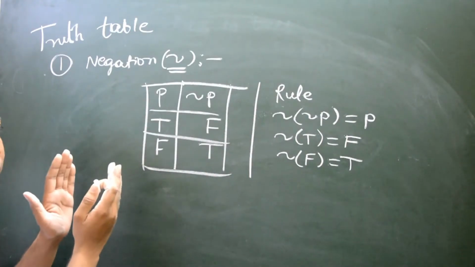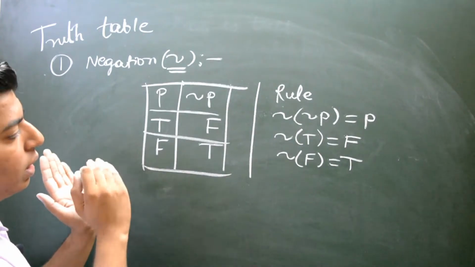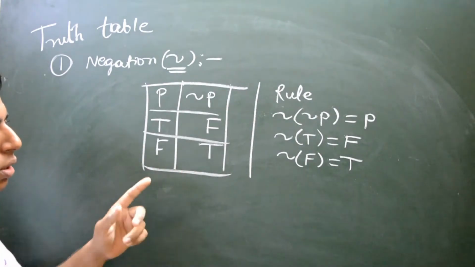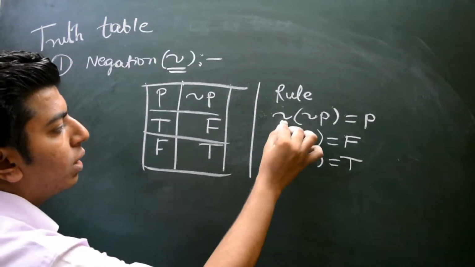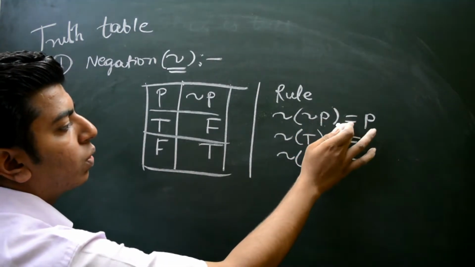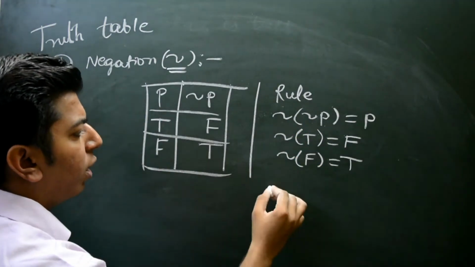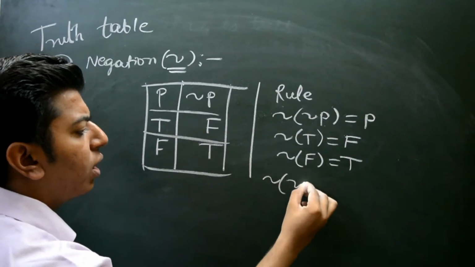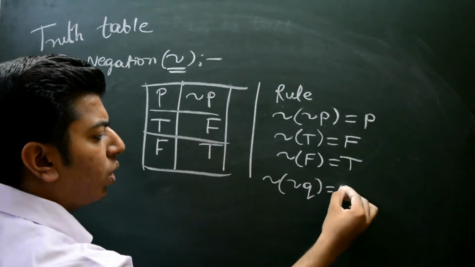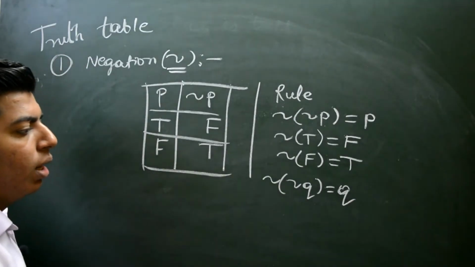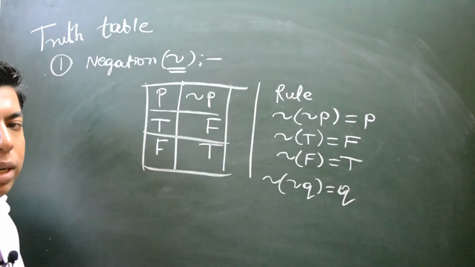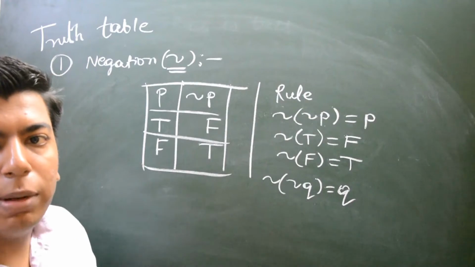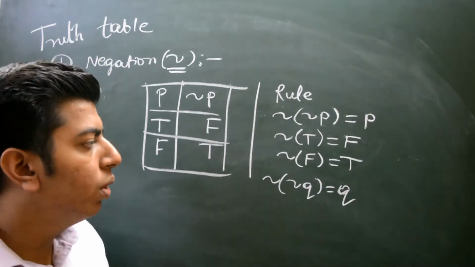If the truth value is false, then its negation is true. So the rule is negation of negation P is equal to P, also similar to negation of negation Q is equal to Q. Okay. Quite similar to the complement of something. Complement of complement is that also.